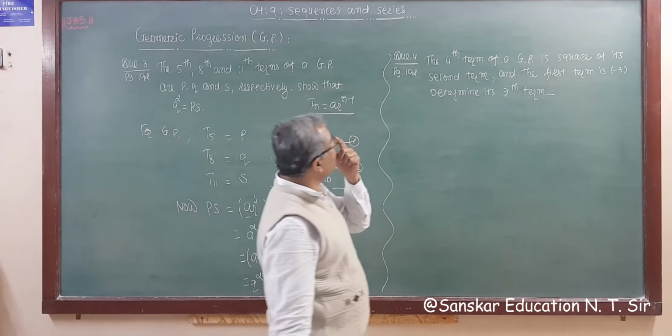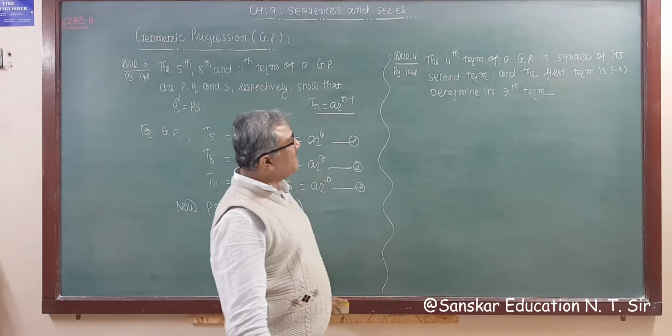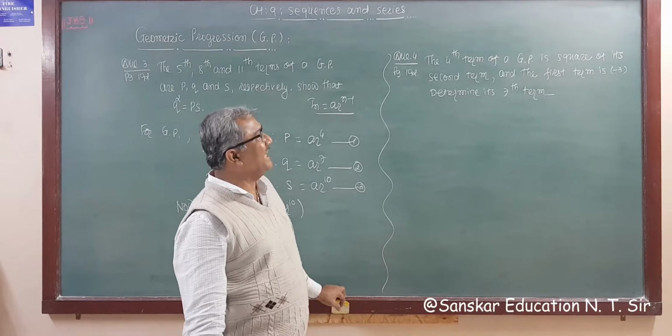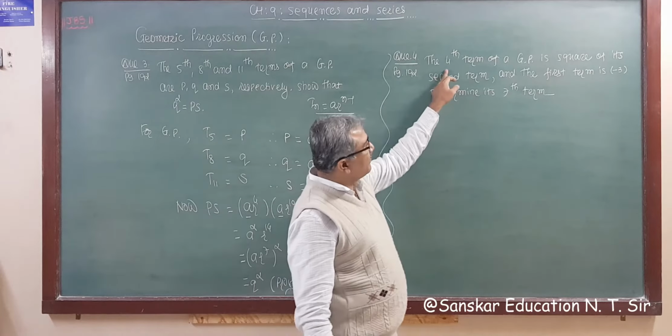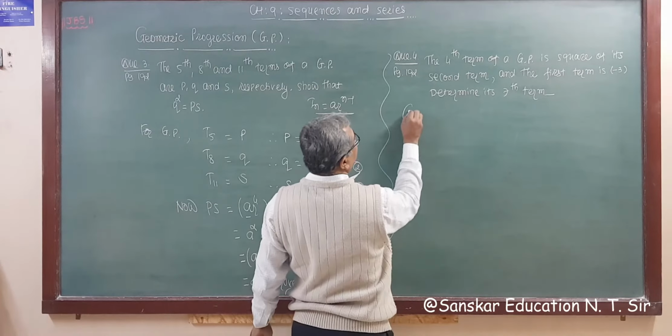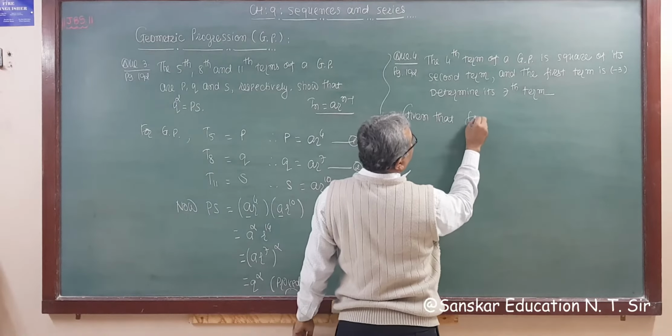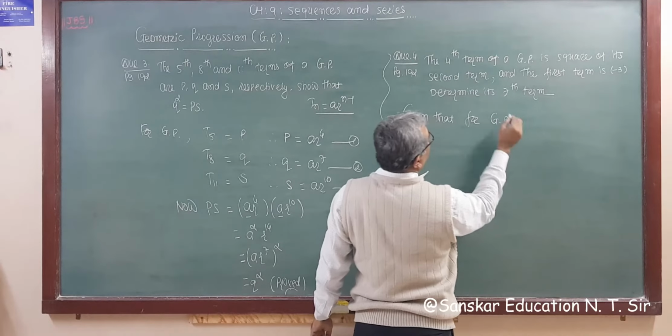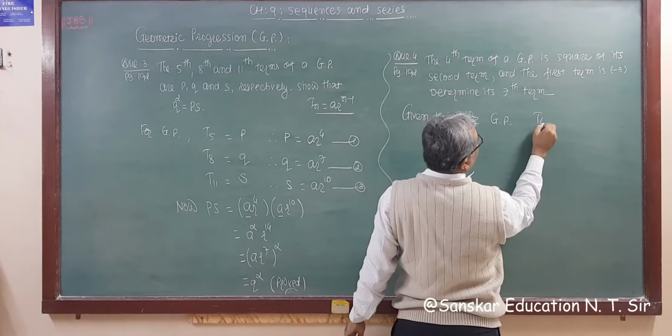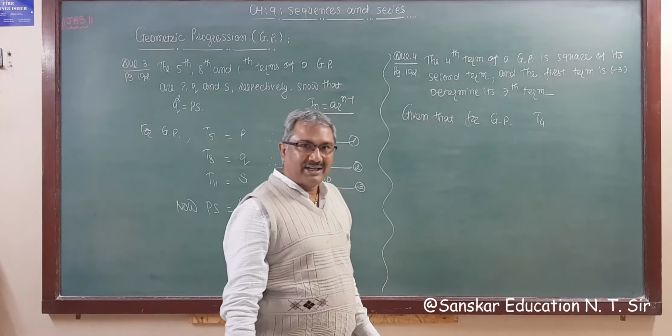Now the next question is question number 4. The fourth term of a GP is a square of its second term. Fourth term, that is T4. Either you can use A4 also, but I am using T4.